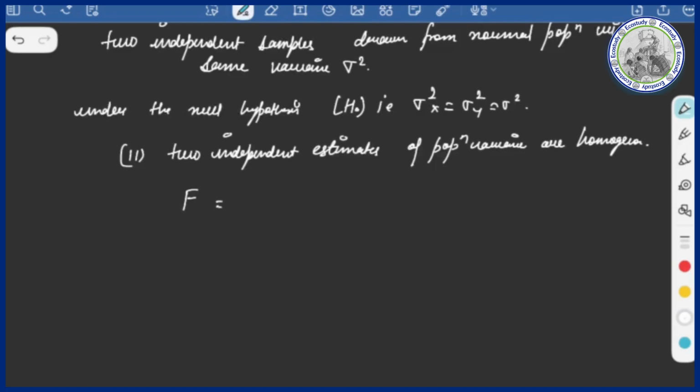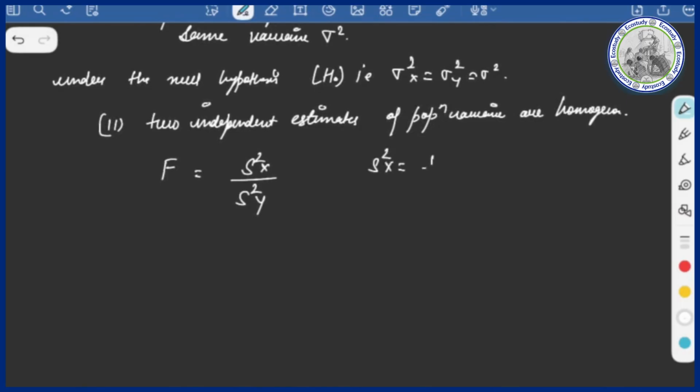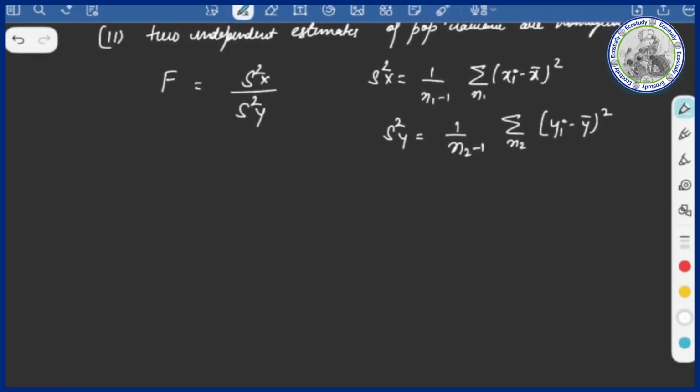So F statistic is given by S square x upon S square y. Now S square x is 1 upon n1 minus 1 sigma xi minus x bar square. S square y is 1 upon n2 minus 1 sigma yi minus y bar square. So this is your test statistic.